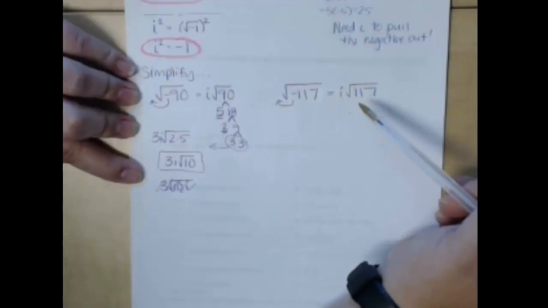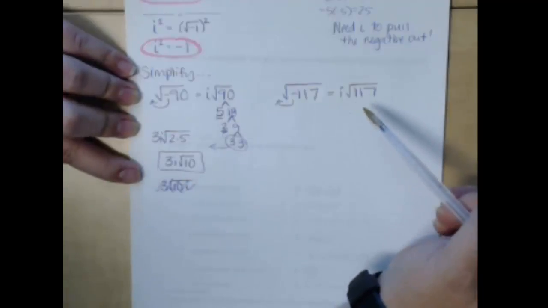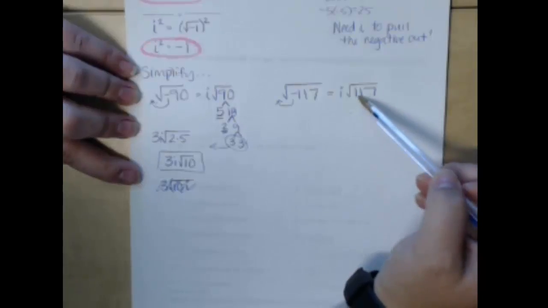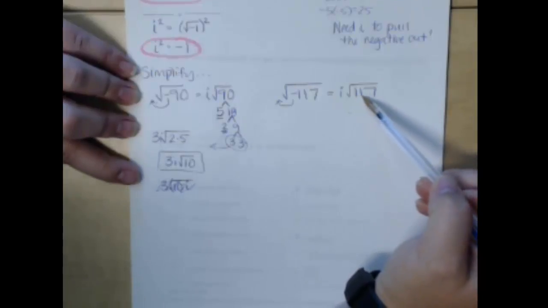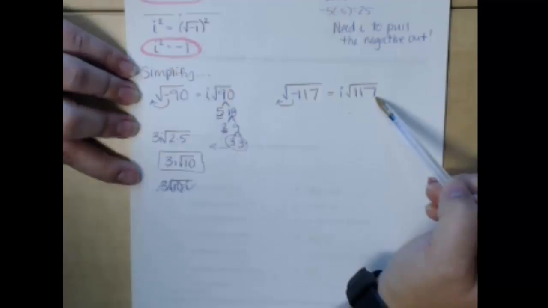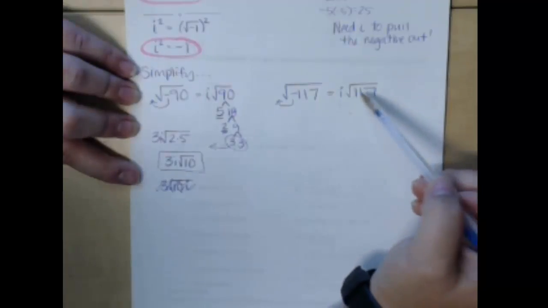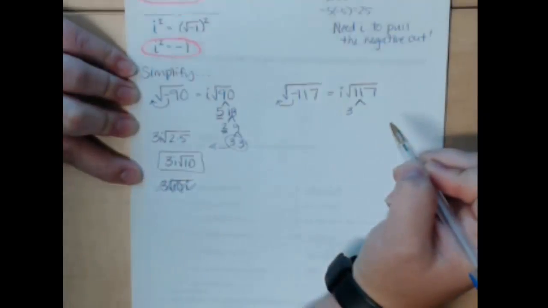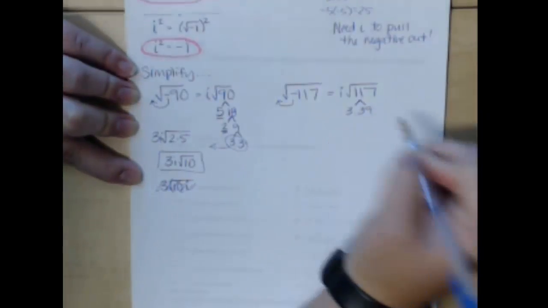You can use your calculator, or a shortcut method that I learned a long time ago is to see if a number is divisible by 3, you just add all the numbers together. So 1 and 1 is 2, 2 and 7 is 9. Since 3 goes into 9, 3 will go into this number. So 3 goes into 117 39 times.